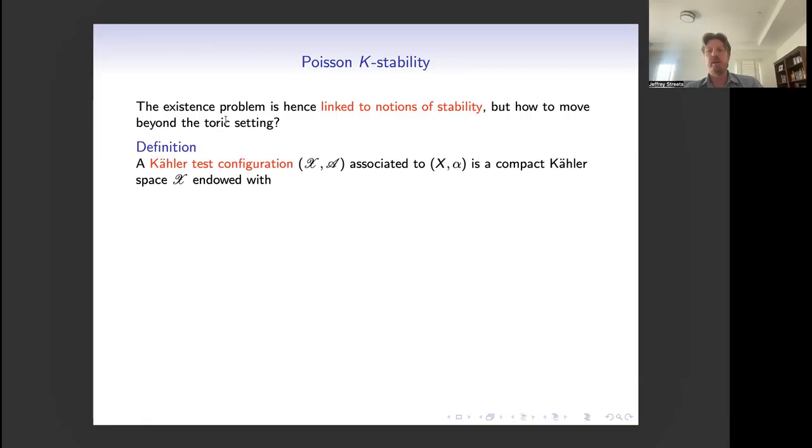So I need to recall some definitions, which is a lot to write down, but let's recall some of these fundamental definitions.